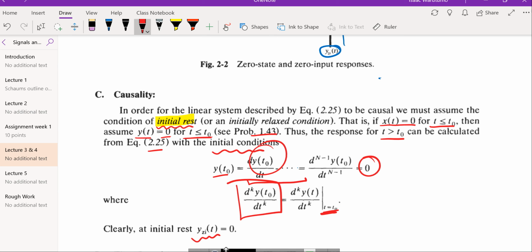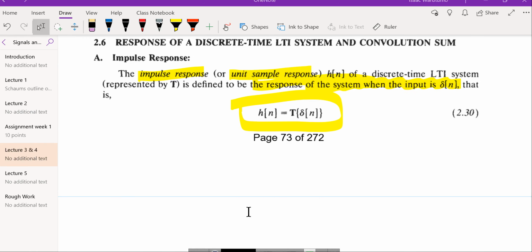The next subtopic that we shall discuss is the response of a discrete time LTI system and the convolution sum. We are going to initially start with the impulse response.